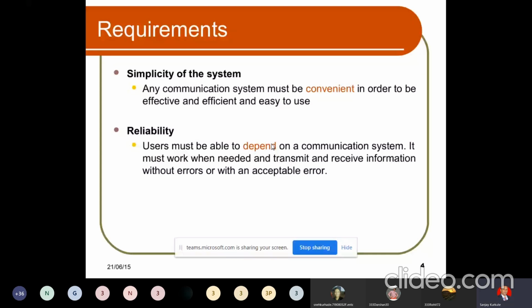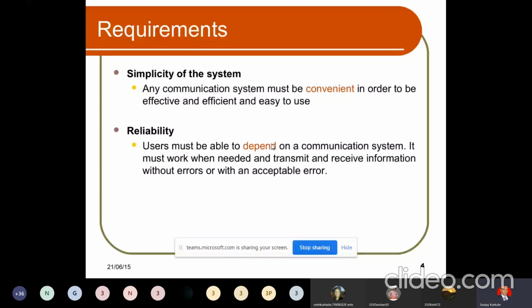A certain percentage, 10-20%, may be acceptable, but not 90%. So we have to think about how much error is acceptable and how reliable the system is. We discussed the rate of information transfer, and reliability is one more point we have to consider.